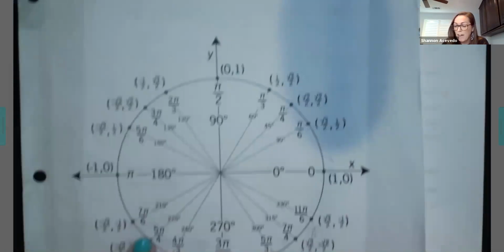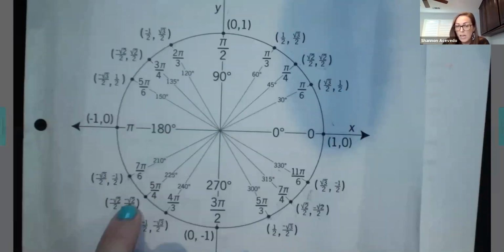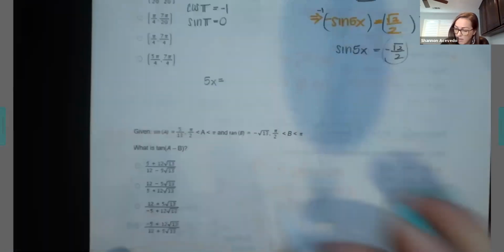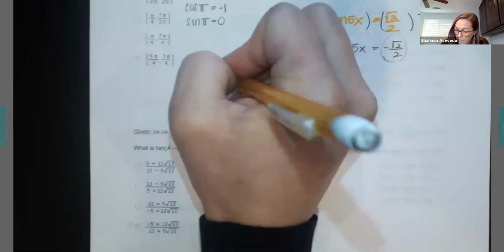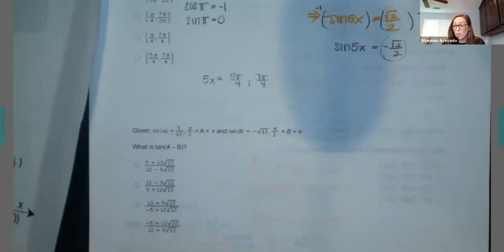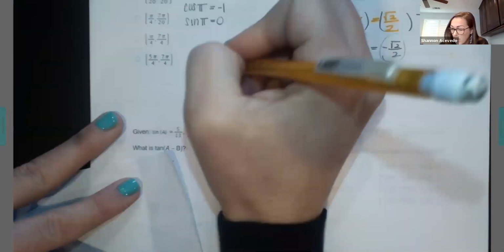So here's one at 5 pi over 4. And my second one for my one time around the circle is my 7 pi over 4. So I have that 5 pi over 4, and I have 7 pi over 4. And that's for one time around.